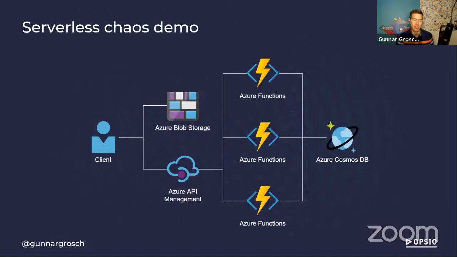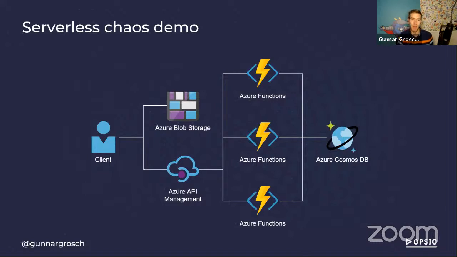We have 3 functions in this case. And what happens is that on a regular basis, every 5 seconds, the front end calls an API which invokes a Lambda function, fetches data from Cosmos DB, returns that to the client, which then loads a new image on that site. So fairly basic.